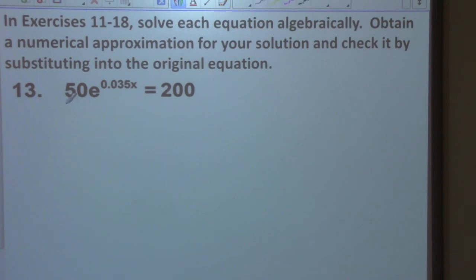Okay, so just help me out with it. What did you do first? So you get e to the 0.035x equals 4. Is that where you got first?